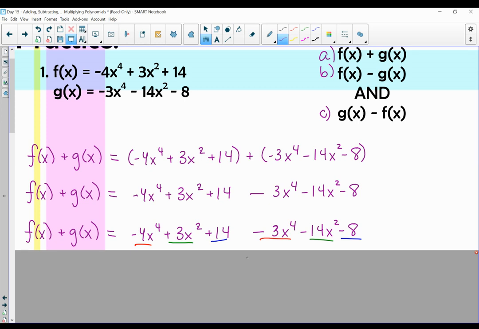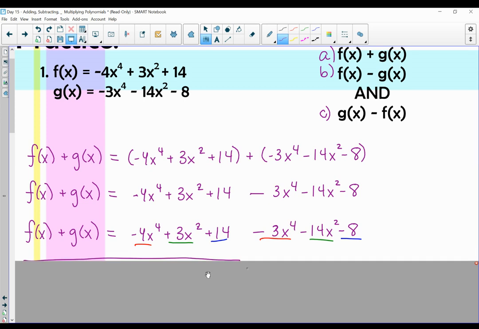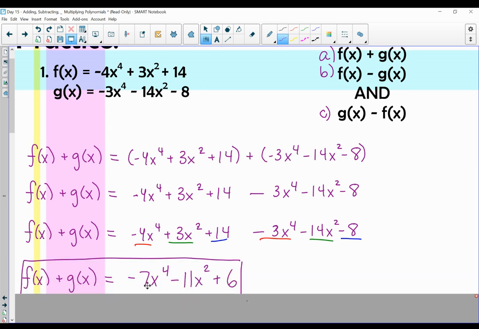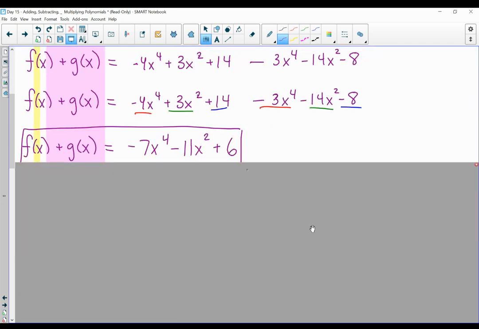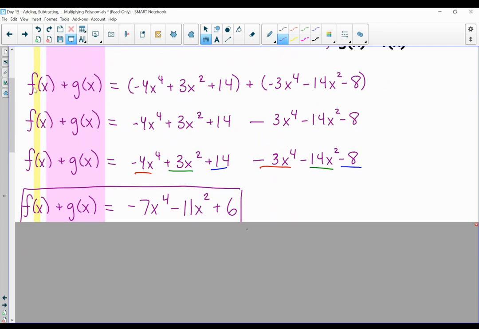And if you're struggling with this, that's when you want to break your calculator out and just put 3 minus 14 in your calculator. Then I have 14 minus 8, which gives me 6. And so that is my final answer. Negative 7x to the fourth minus 11x squared plus 6. So that is f of x plus g of x.